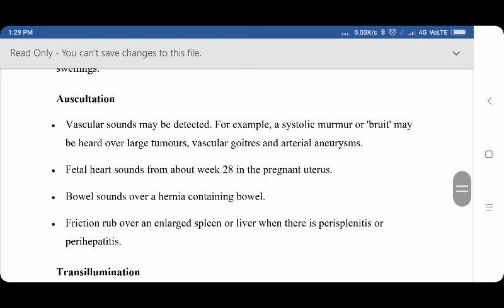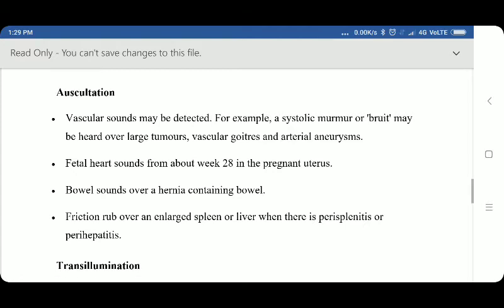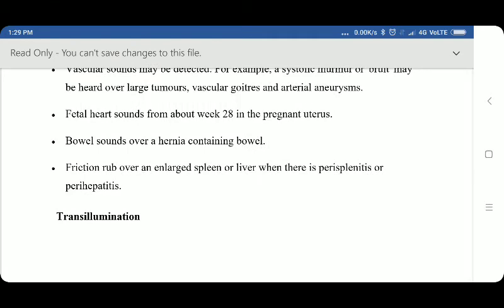Then auscultation of a swelling or lump. Vascular sounds may be detected, for example, a systolic murmur or a bruit may be heard over large tumors, vascular goiters, and arterial aneurysms. Fetal heart sounds from about week 28 in the pregnant uterus.